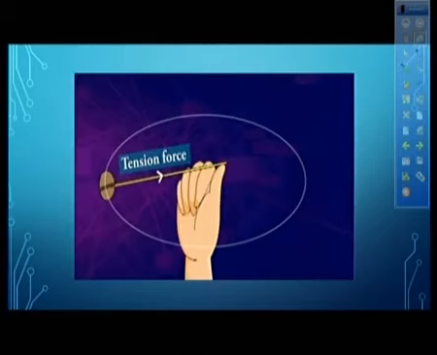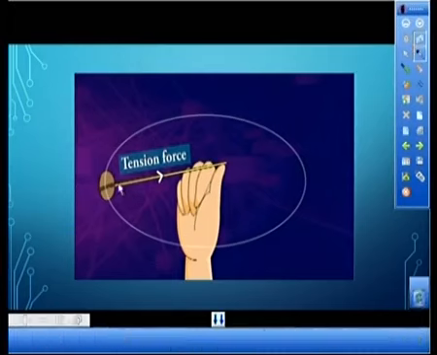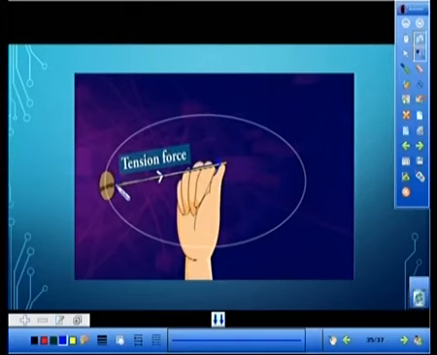Take the same example: tie a stone with a string and rotate it. There is no gravitational force, even then there is circular motion. Then the tension in the string provides the necessary centripetal force. It means centripetal force itself doesn't exist in nature.